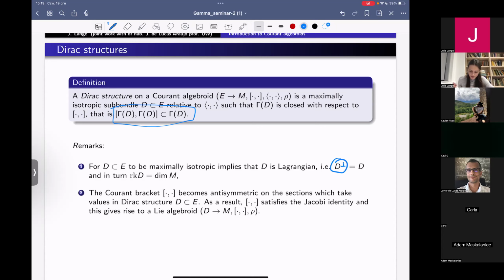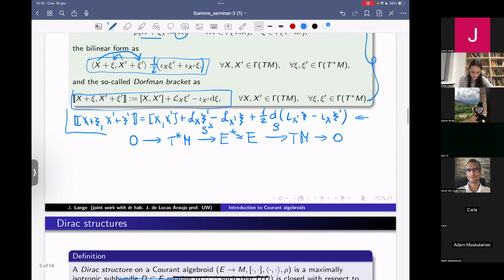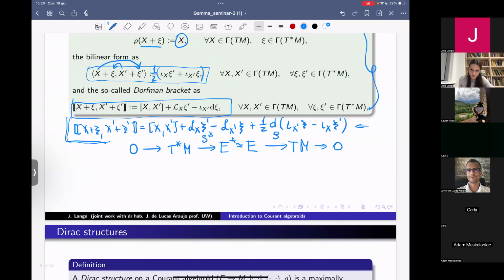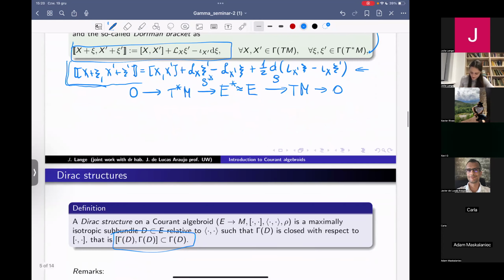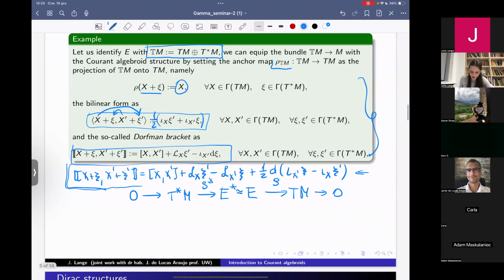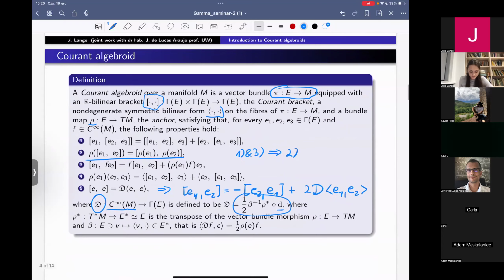Whenever I encountered people using the antisymmetric bracket, they would define Dirac structures irrespective of Courant algebroids, because this antisymmetric bracket, you can see, would fail to satisfy the first condition.